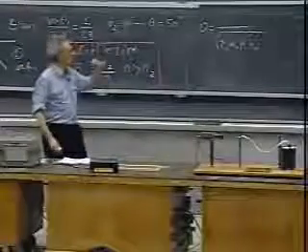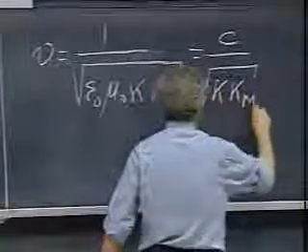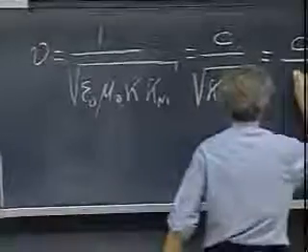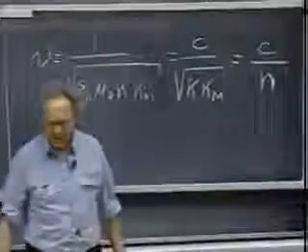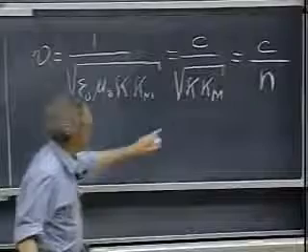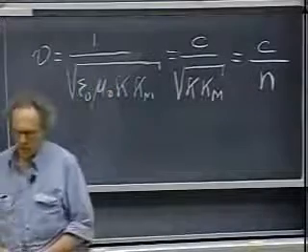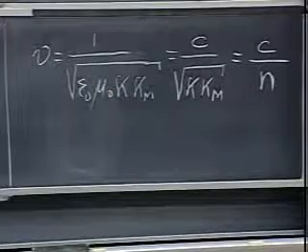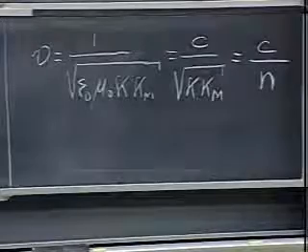So you see in front of you that the speed of light in water is lower than the speed of light in air. This can also be written as C divided by the square root of kappa times kappa m, and we would nowadays simply write that as C divided by n. So the index of refraction is really the square root of the product of the dielectric constant and the magnetic permeability.